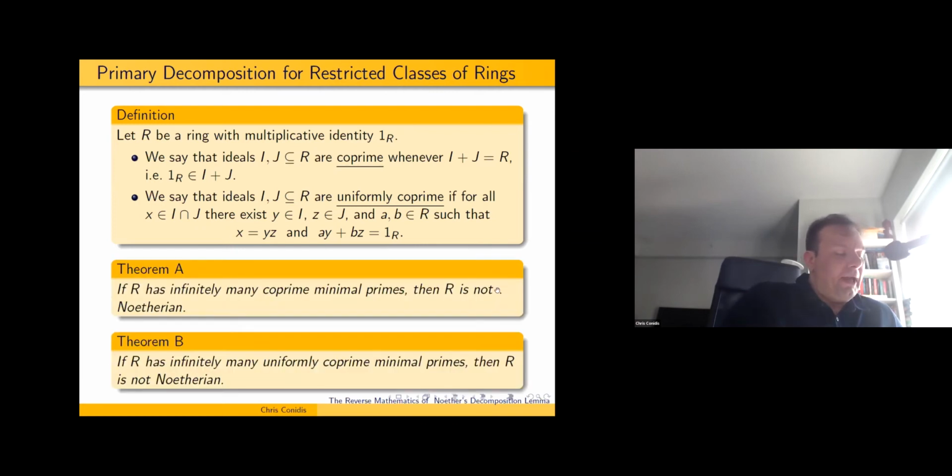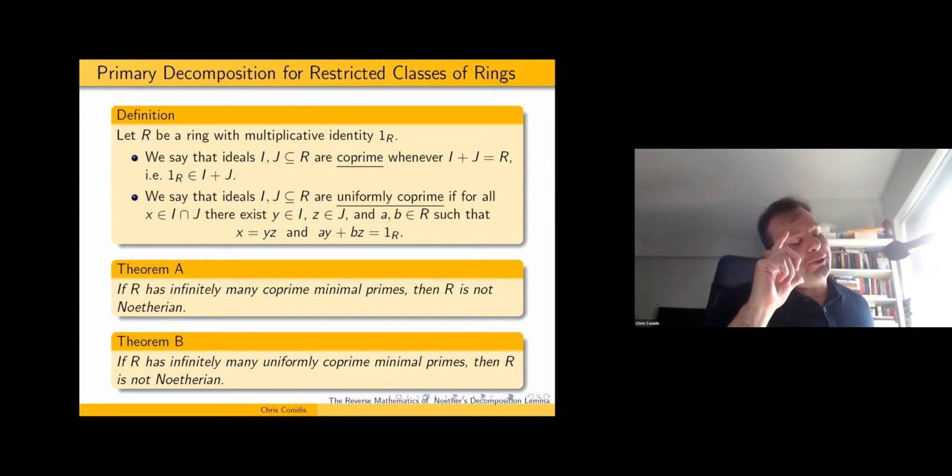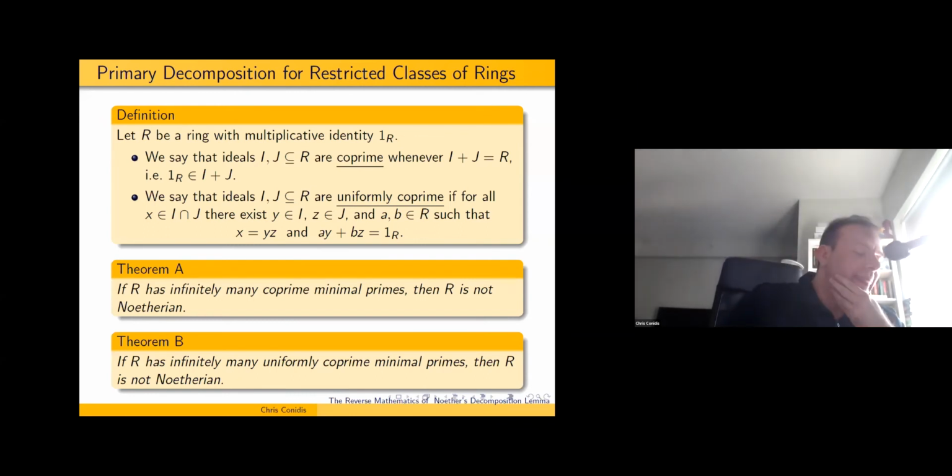So now, using these two definitions, as I said before, I want to capture this tree anti-chain property in terms of algebra, creating algebraic versions of it using Noether's primary decomposition. I'm going to do this in two different ways.